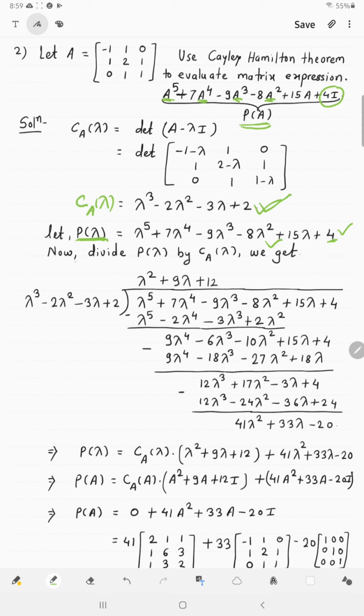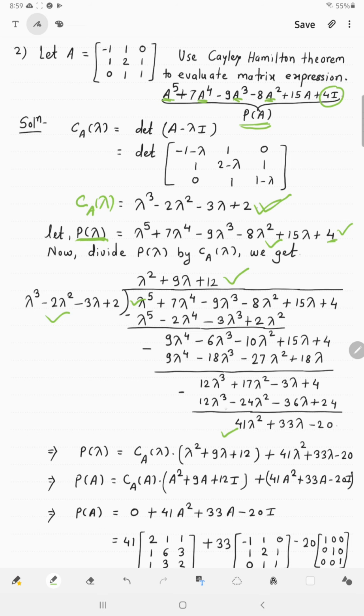What do I do? Now I divide p of lambda by ca of lambda, as we do in our school study. So I write down here p of lambda and I divide this p of lambda by ca of lambda, and I find out this is the quotient and this is the remainder.